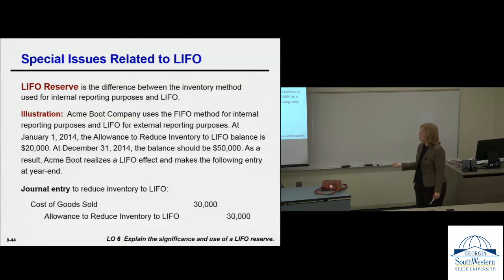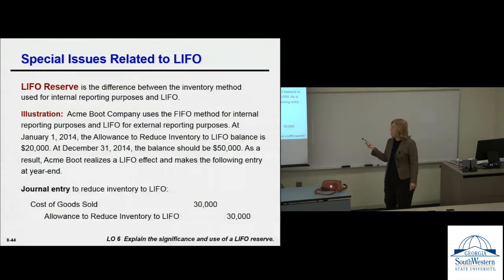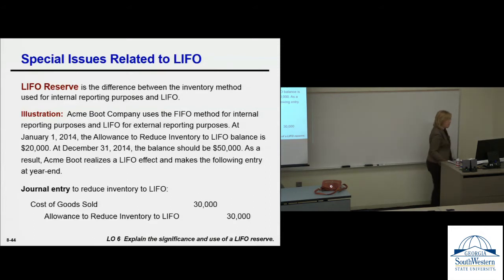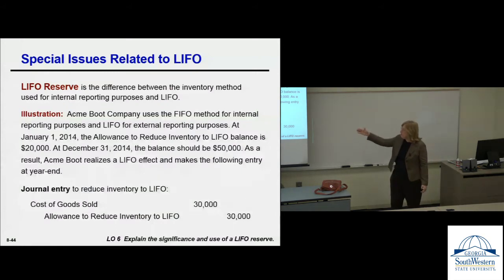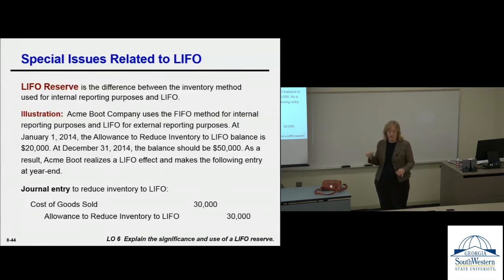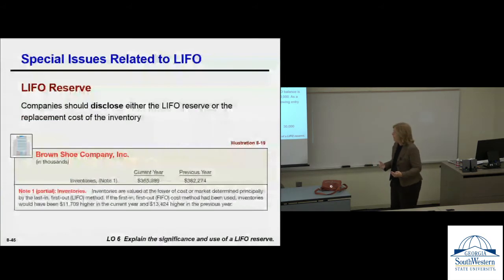So we'll have to make a journal entry, and the journal entry will look like this. We're going to have an allowance to reduce our inventory to the LIFO method, okay? So this is called a LIFO effect. Reducing our inventory, increasing cost of goods sold. So each year, we're going to have to make an entry like this to adjust our books to LIFO, okay?